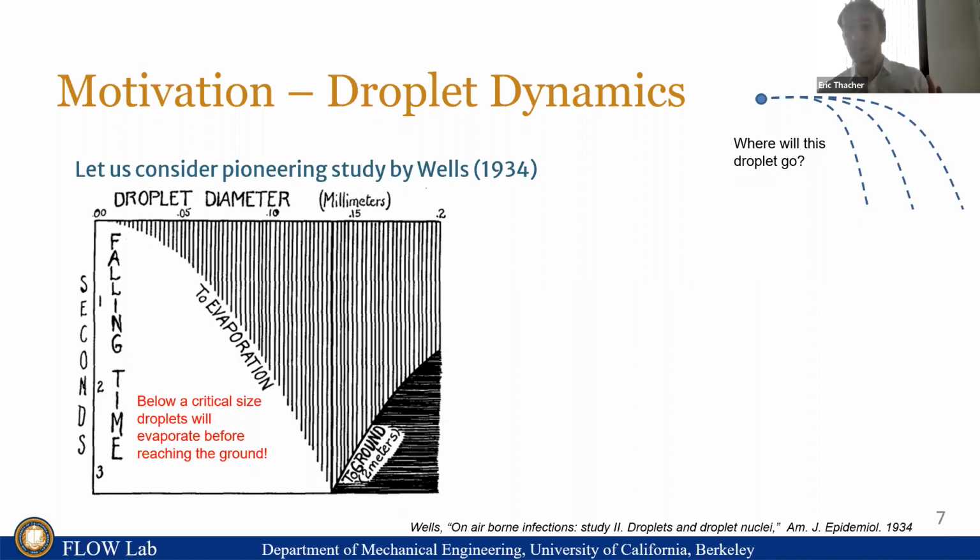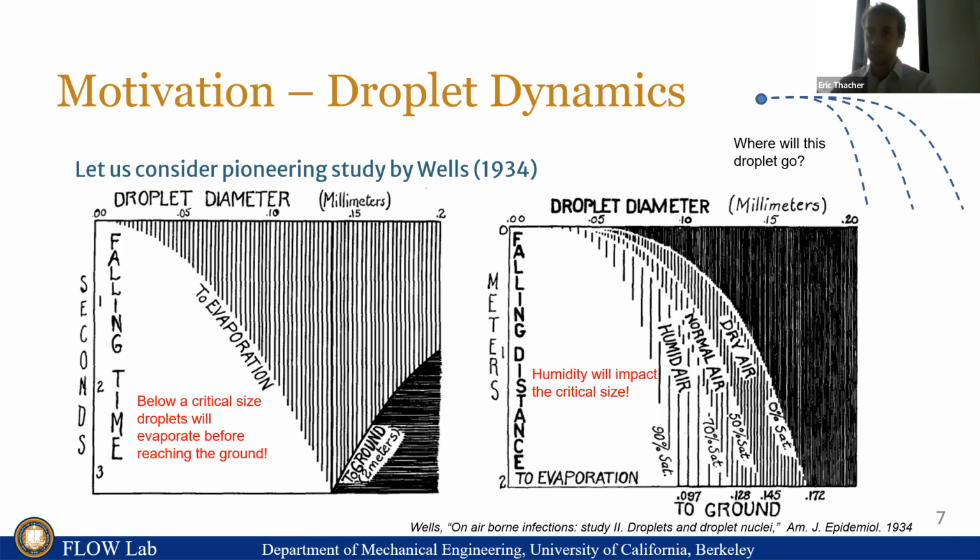Alternatively, if you have a small droplet, it'll evaporate much more quickly, and it won't have hit the ground when it's reached its equilibrium size, which is much smaller than its initial size. And as a result, it'll be more difficult to determine where it ends up because it'll respond more readily to background flows present in the room.